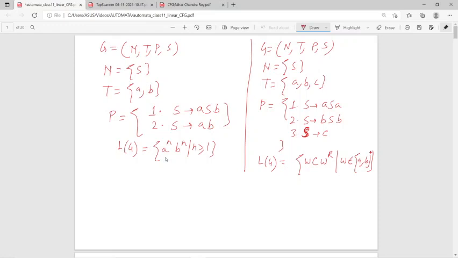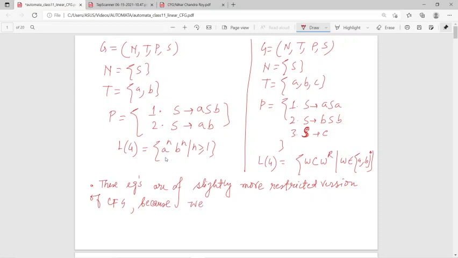What I am saying is that these examples are slightly more restricted versions of context free grammar. Because why?